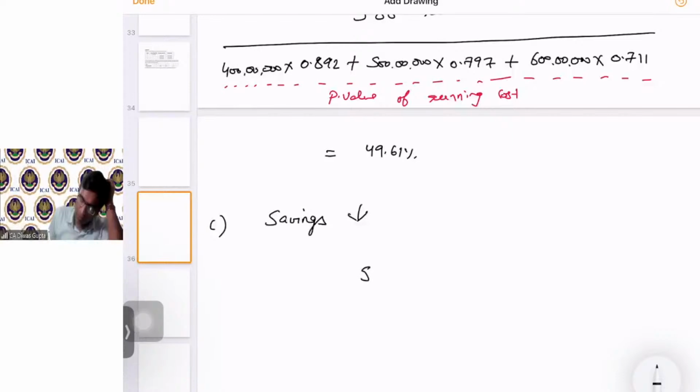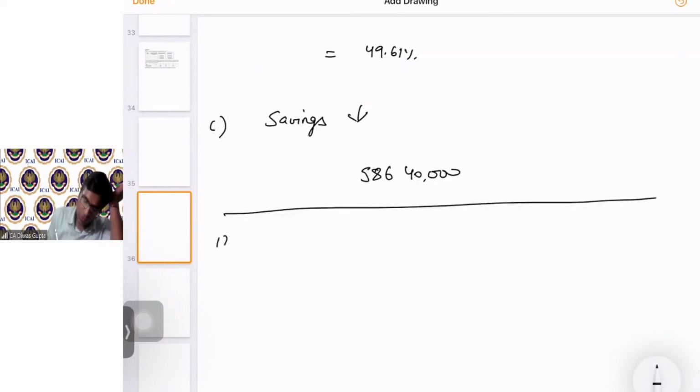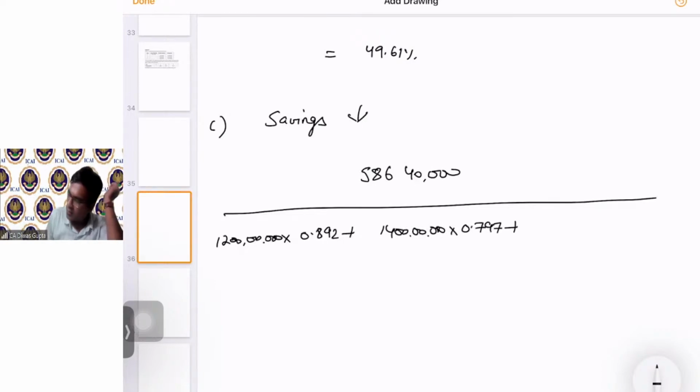But again, by what amount? 5 crore 86 lakh 40,000 as present value divided by 12 crore times 0.892 plus 14 crore times 0.797 plus 11 crore times 0.711, which is 19.75%. It has to come down.